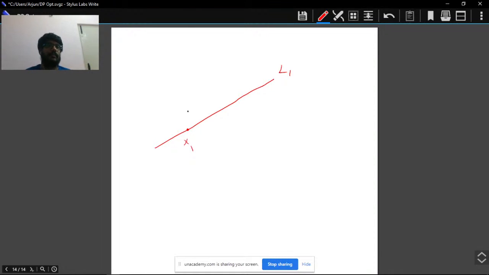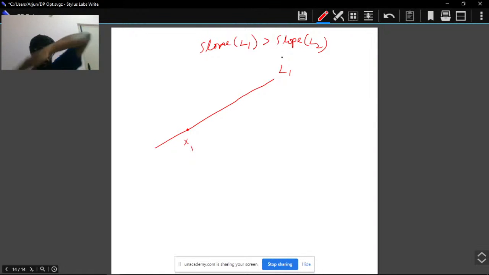Then if I take some other L2, where the slope of L1 is greater than the slope of L2, meaning L2 is less steep, or it might even be negative, then the claim is L2 will not be the maximum anywhere on this side. For x greater than x1, L2 will never be the maximum.